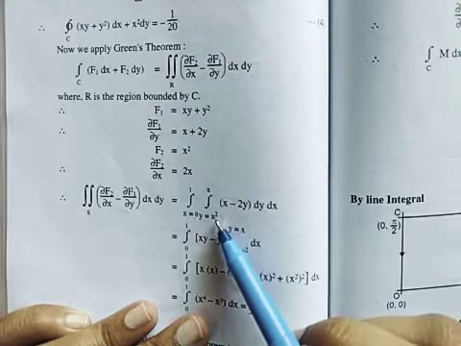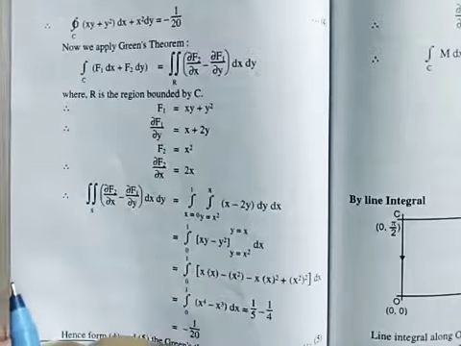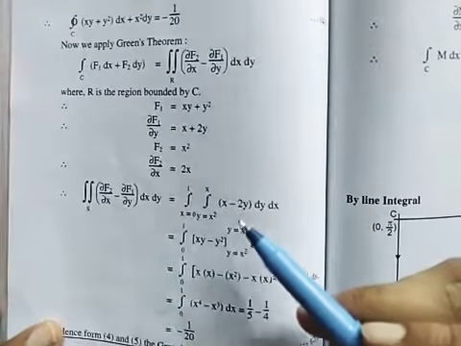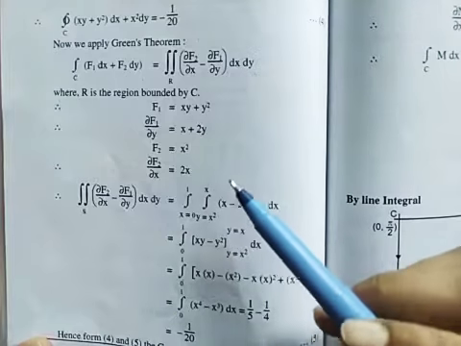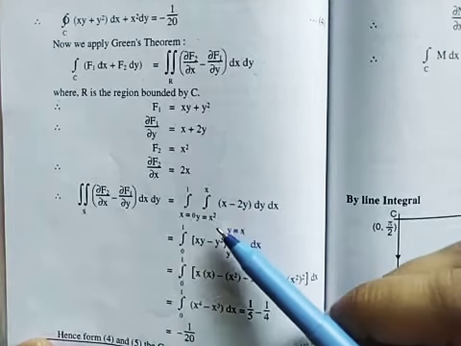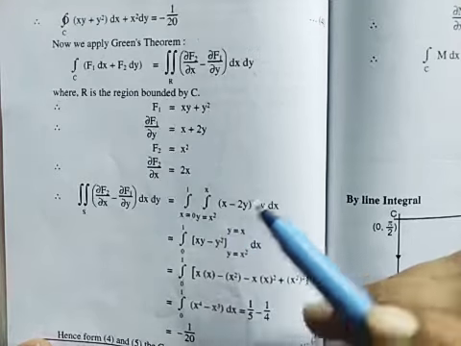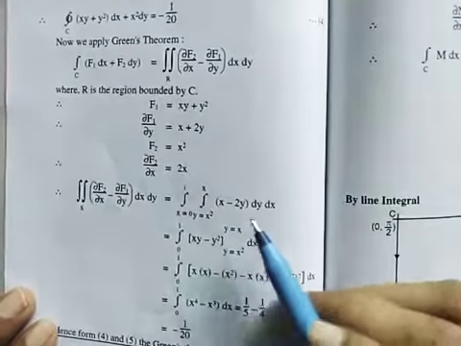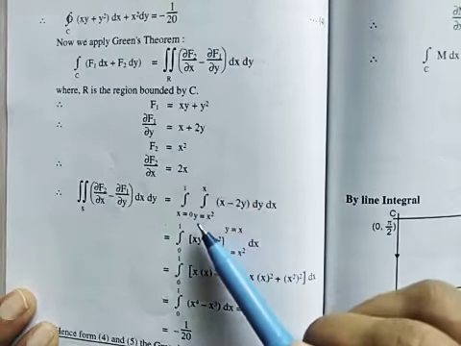Now y varies from x square to x, and x varies from 0 to 1. How do we take it? We consider the strip parallel to the y-axis. So y varies from x square to x. In the last semester we have taken the strip. How to solve the integral, using a strip parallel to the x-axis or parallel to the y-axis. Here dy is first, so we have taken a strip parallel to the y-axis.